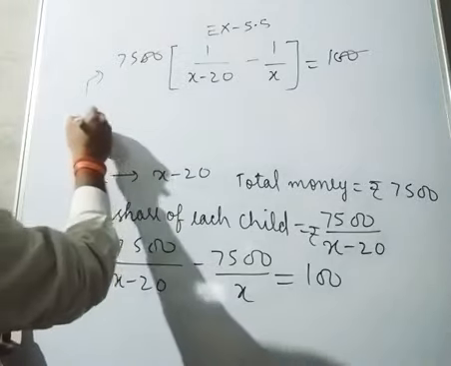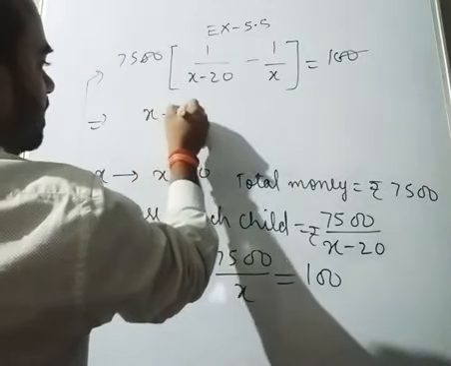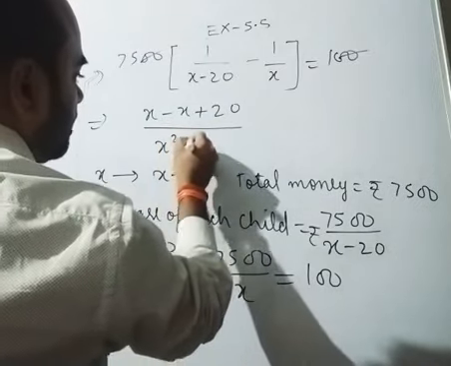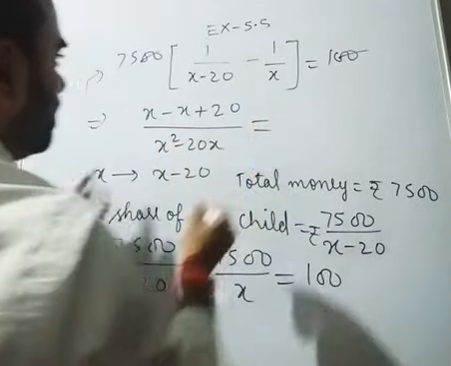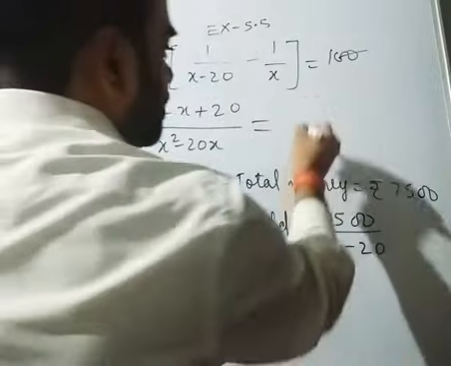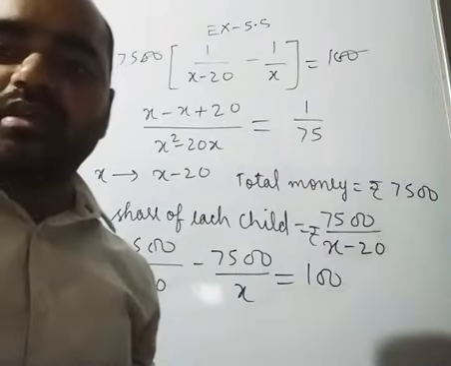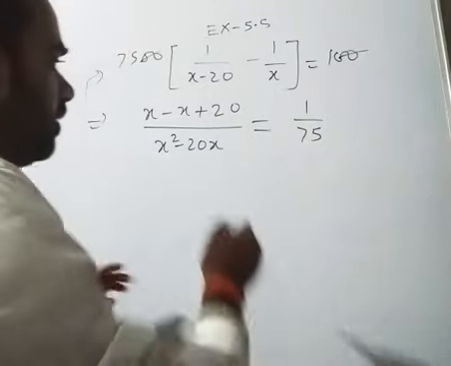Taking LCM, this will become x minus x plus 20 upon x square minus 20x is equal to 1 upon 75 after transposing. Clear? Now x and x cancelled.